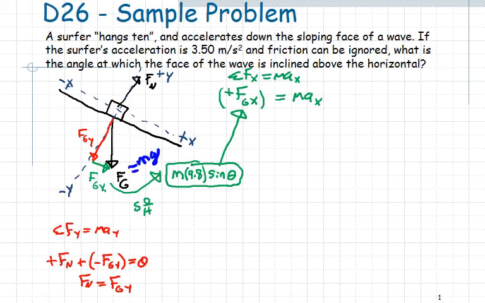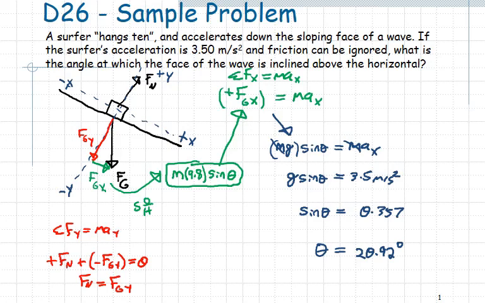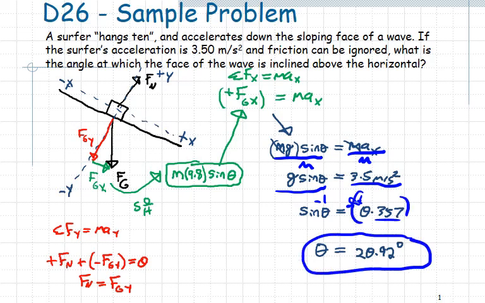So we have mg times the sine of theta, and theta is what we're trying to find. We don't know what that is. When we set up the forces, we can cancel mass from both sides, and so we're left with g sine theta equals the acceleration. We use the inverse sine of the value, and the angle of the ramp is 20.92 degrees.